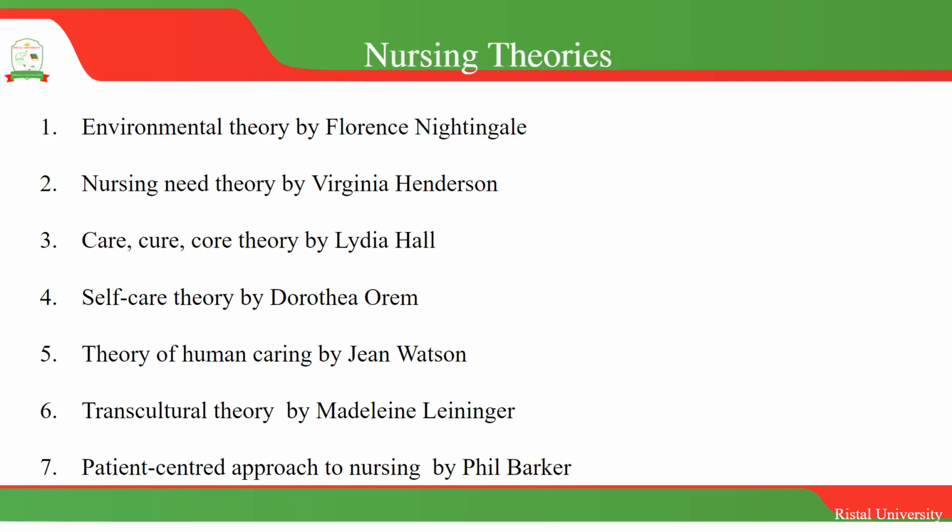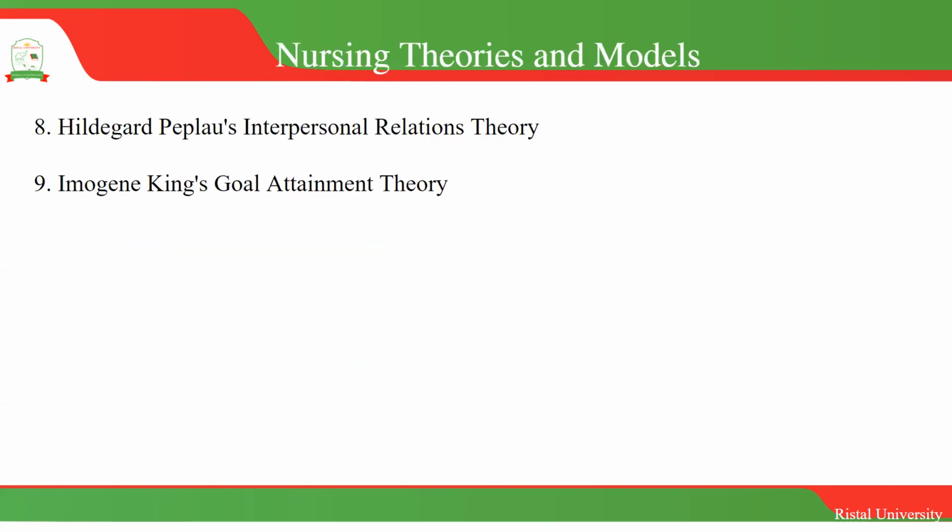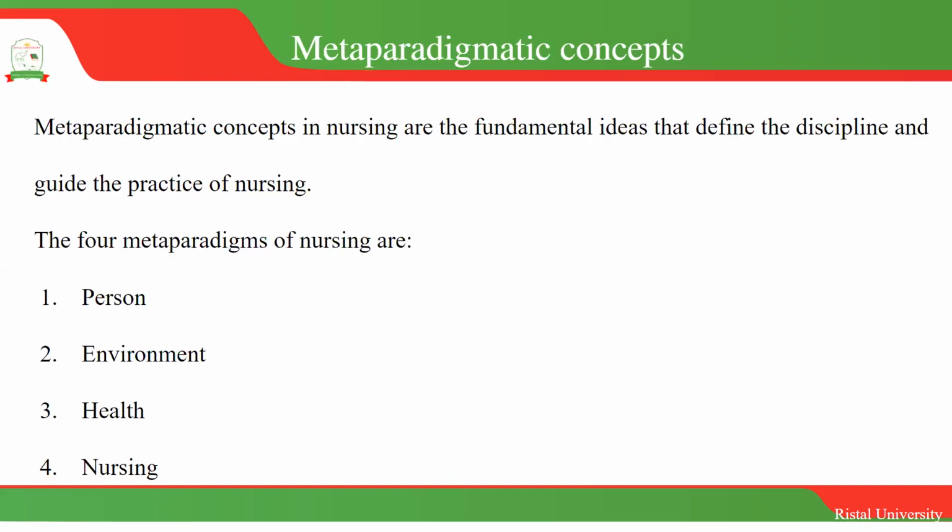And then the theory of human caring by Jean Watson. We'll look at the transcultural theory by Madeleine Leininger. We'll look at the patient-centered approach to nursing by Phil Barker. And then we'll also look at Hildegard Peplau's interpersonal relations theory, and then Imogene King's goal attainment theory.